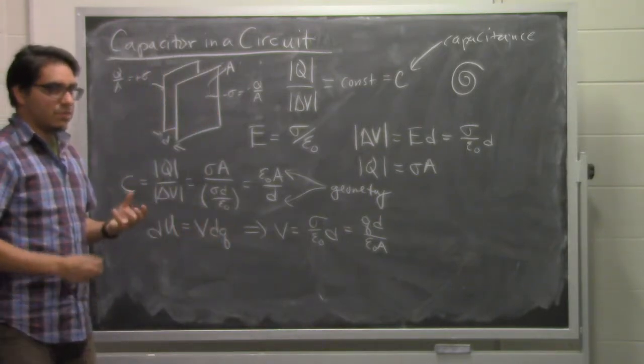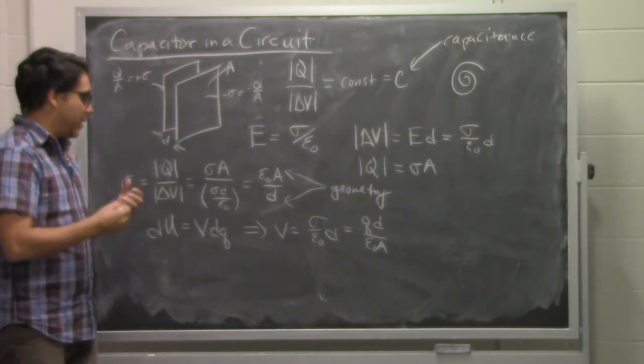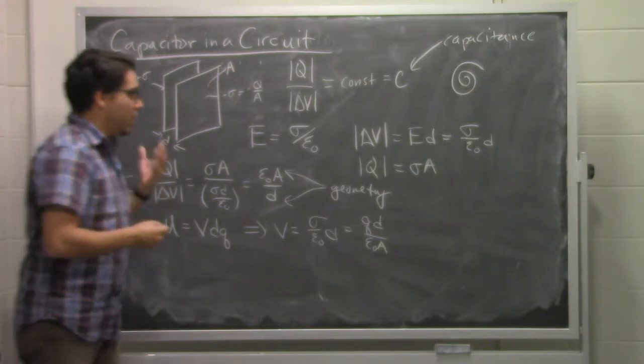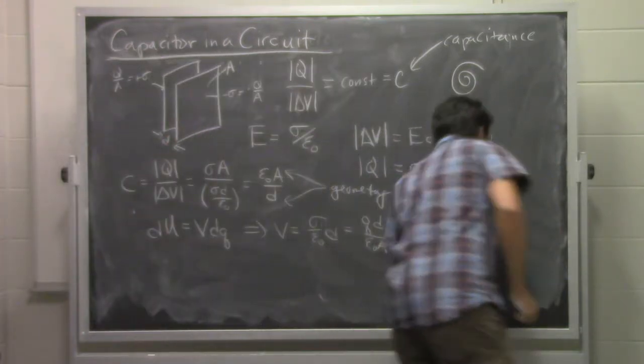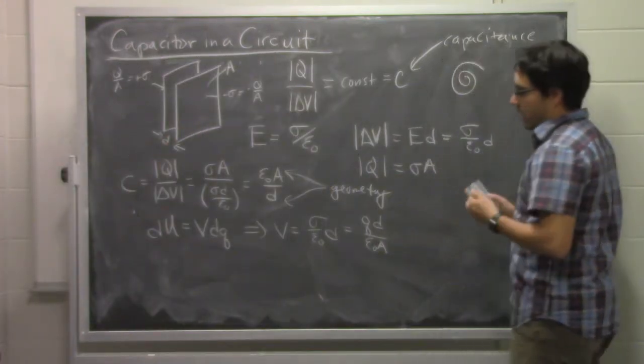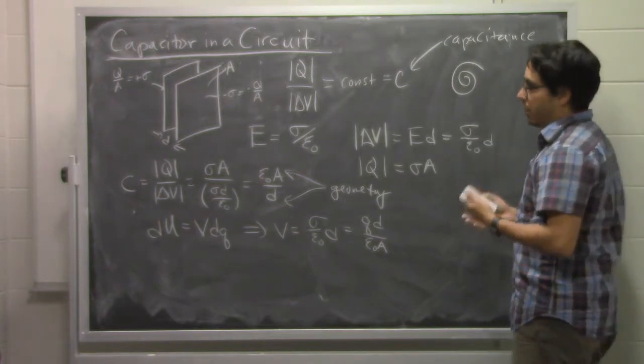Where q is just the little amount of charge that we're thinking about here. So ultimately what we have is a relationship between the energy and the charge that we're putting onto these plates.